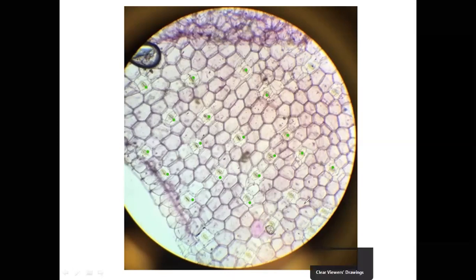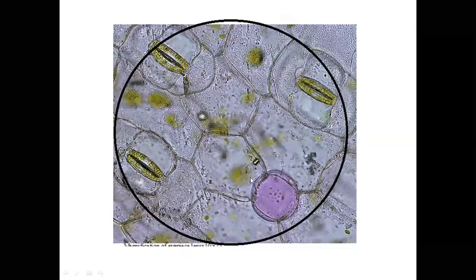The same slide would appear like this if you go to a medium power. If you increase magnification, of course, it will be something like this. Whereas we were getting about 15 stomata in that field of view, here we are getting much less.